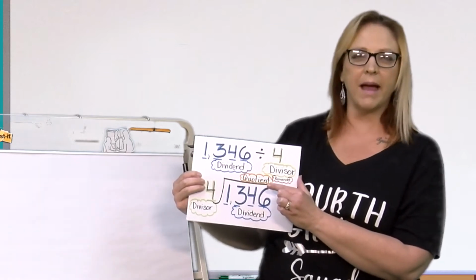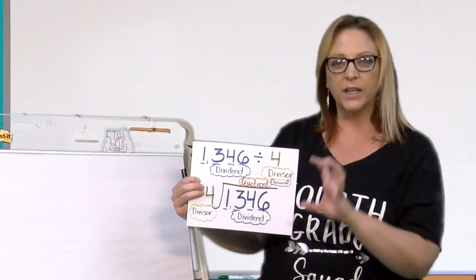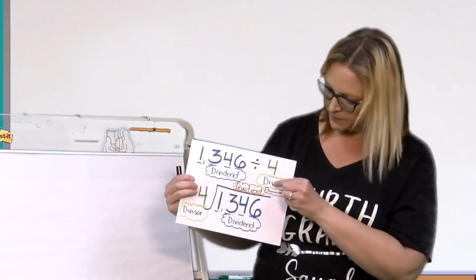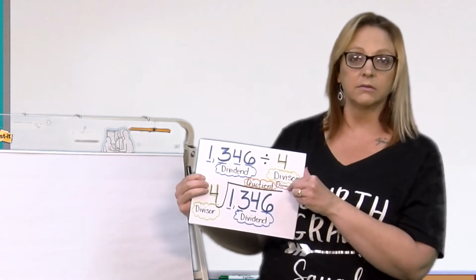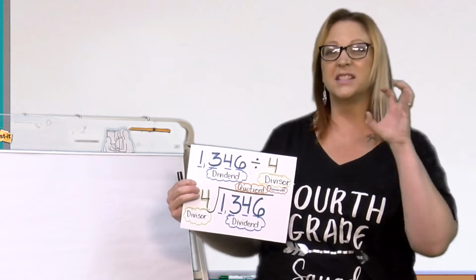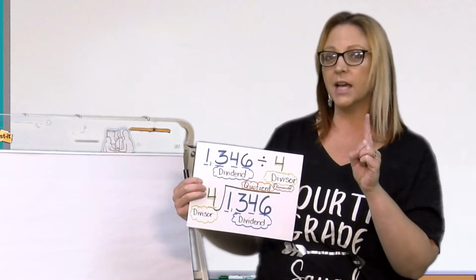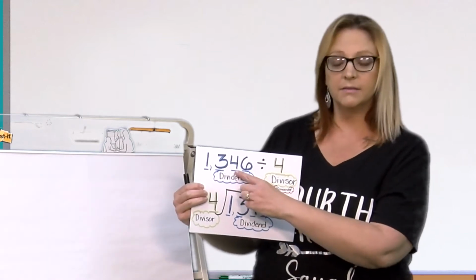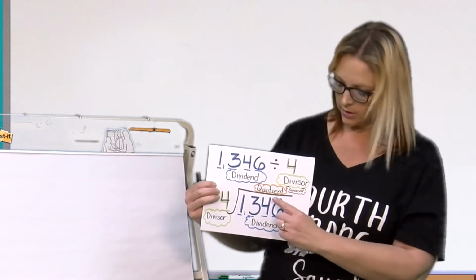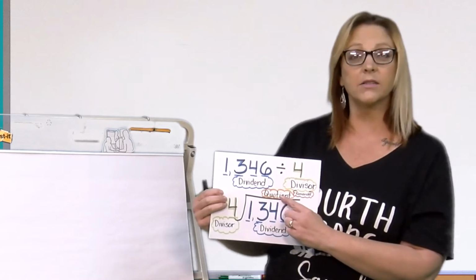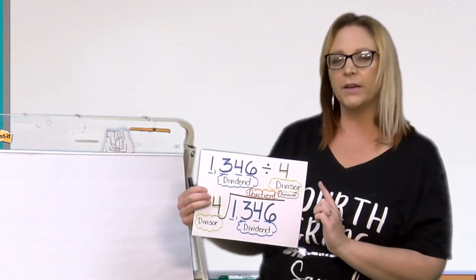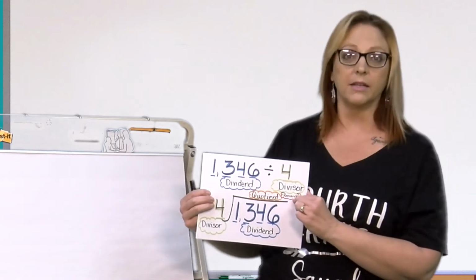And if we have an amount left over that doesn't fit into the equal groups, that's called the remainder. So one more time, we have the dividend, the divisor, the quotient is our answer, and any amount left over is called the remainder.